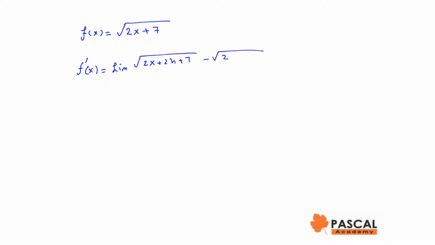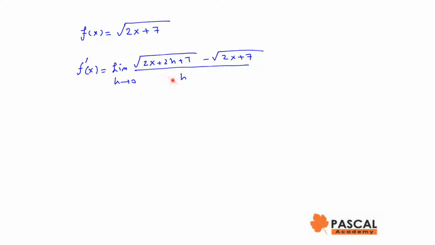Let's have another example. Let's find the derivative of f of x equals the square root of 2x plus 7. We know f prime of x is the limit of f of x plus h, in this case the square root of 2x plus 2h plus 7, minus f of x, the square root of 2x plus 7, over h as h approaches 0.